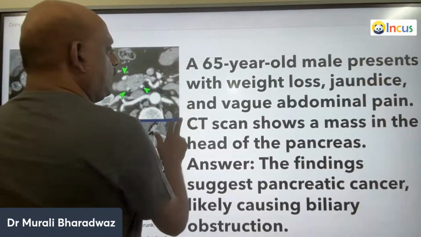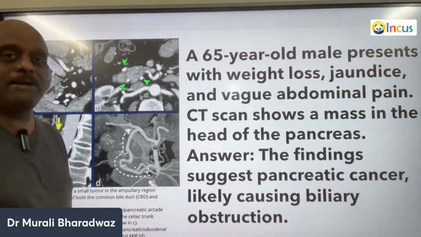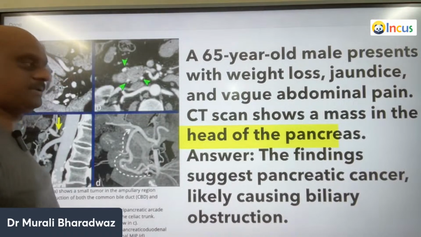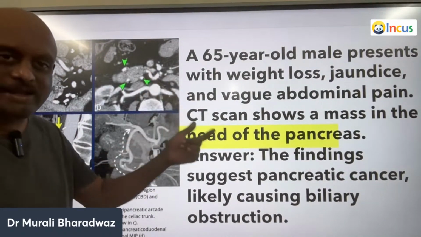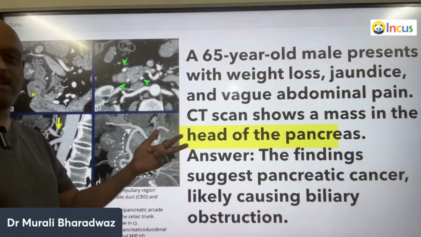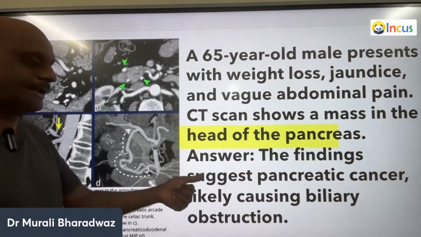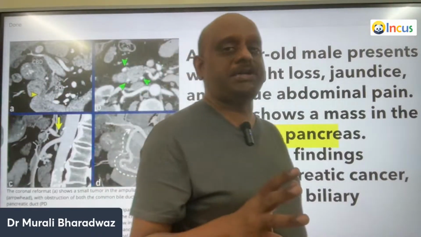Now, a 65-year-old male with weight loss, jaundice, vague abdominal pain, CT scan is showing a mass in the head of the pancreas. So whenever significant weight loss is there, jaundice is there with vague abdominal pain in an elderly person, then you should suspect pancreatic cancer, which is causing the biliary obstruction.